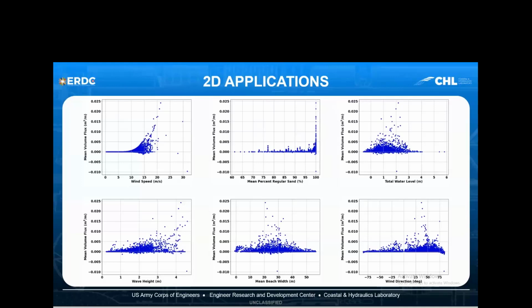The wind speed does seem to have the most concise relationship with the mean volume flux. But when we're looking at how much coarse material or regular sand is on the beach, as well as the total water level, wave height, beach width, and the wind direction, we're not seeing a super easily definable trend, which leads us to believe that there are multiple things influencing what is causing these variations in alongshore dune growth.